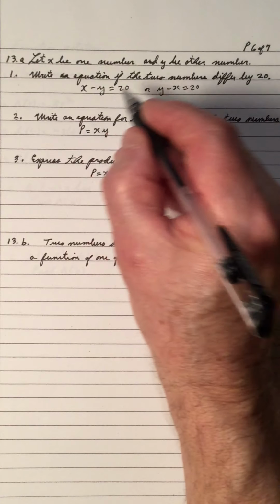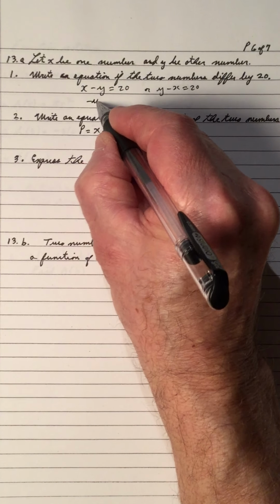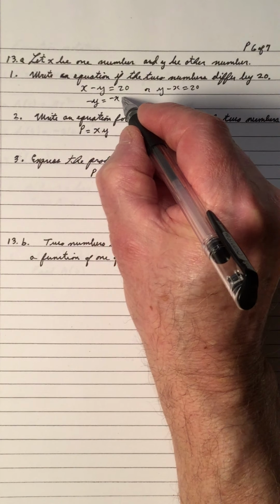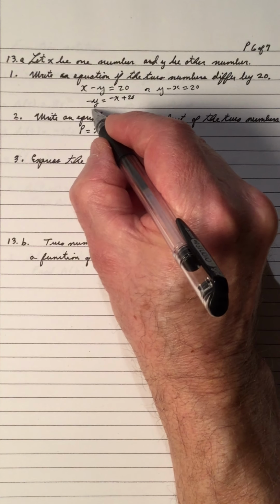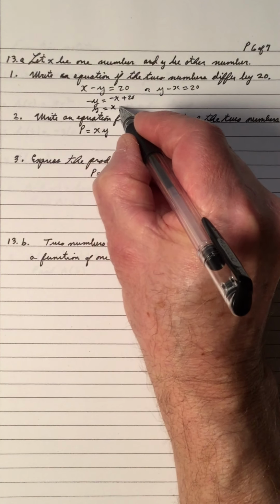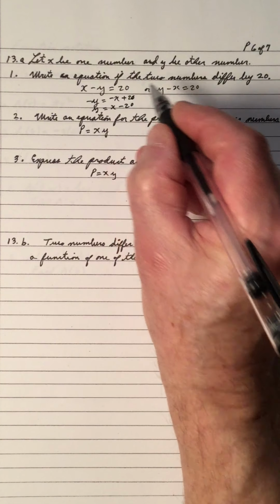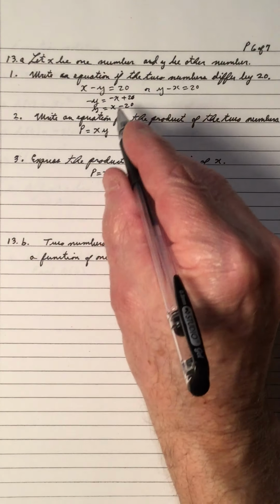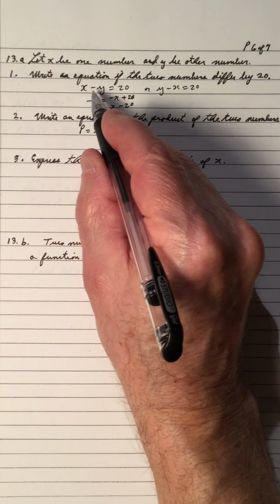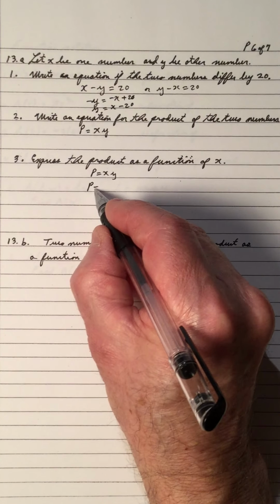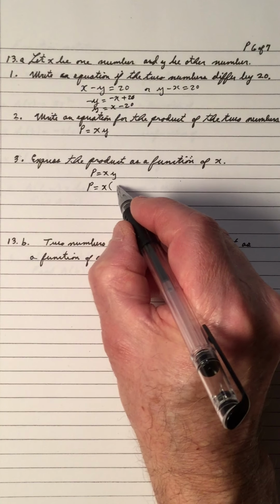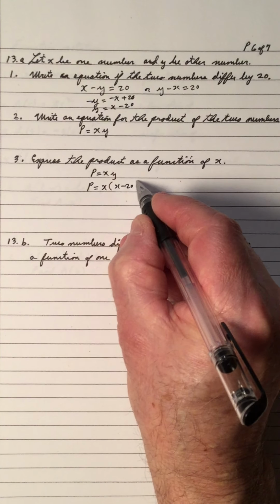So let's take this equation, move the x to the right, change the sign, and multiply by negative 1. y equals x minus 20. So now, because I have this equation solved for y, I can say the product is x times x minus 20.